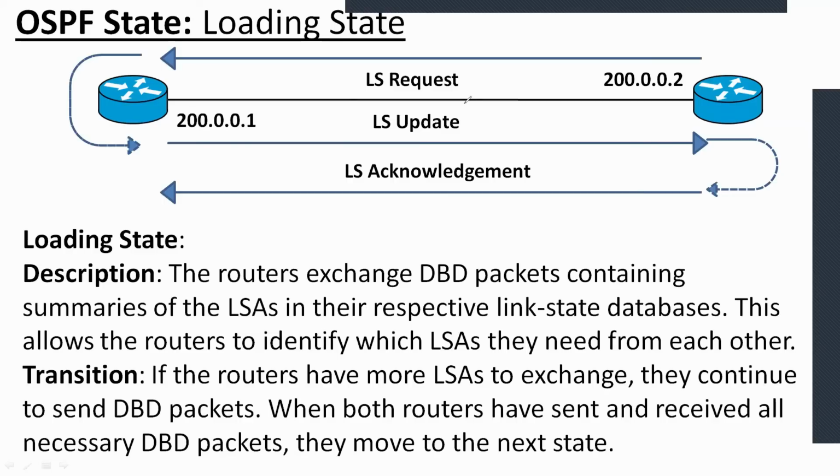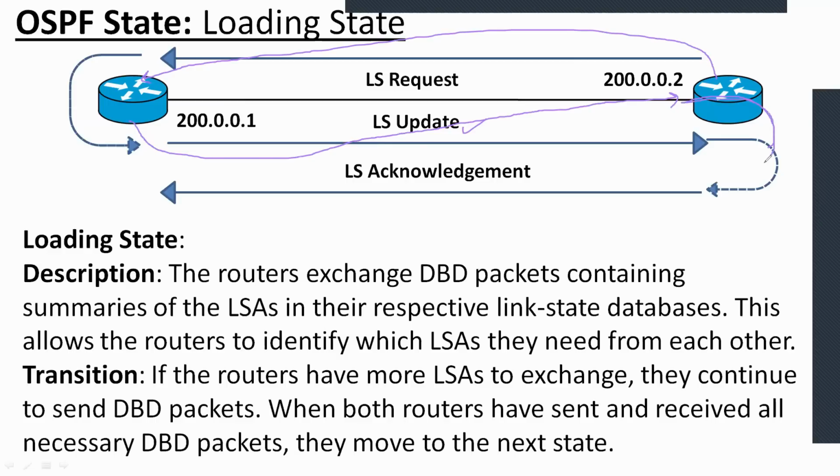Loading state. In loading state, first of all, the router will forward a request message: I need the entire database, my database is not matching with your database. In response, the router will forward an update packet. In this update packet, the entire database will be forwarded.